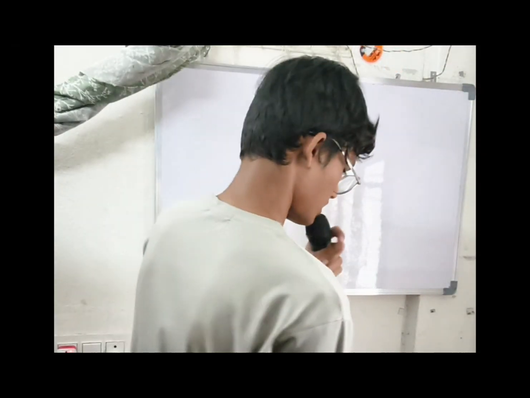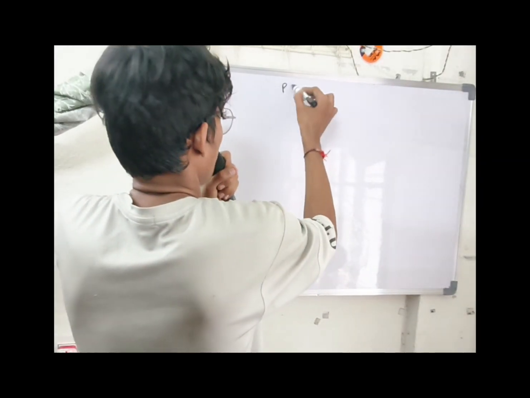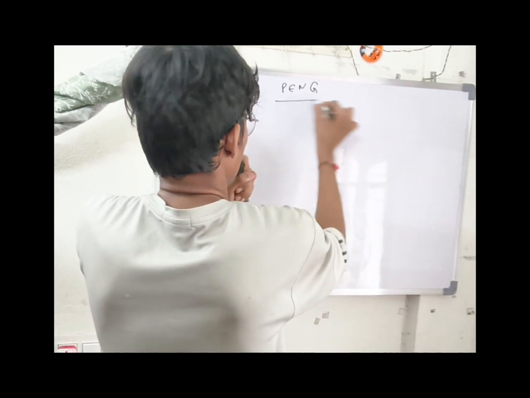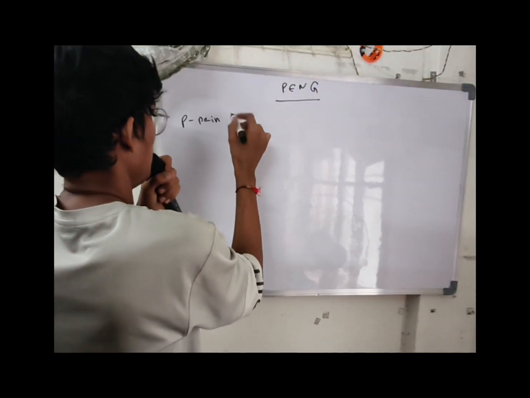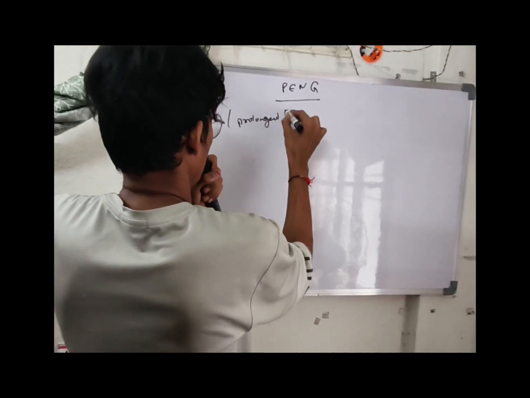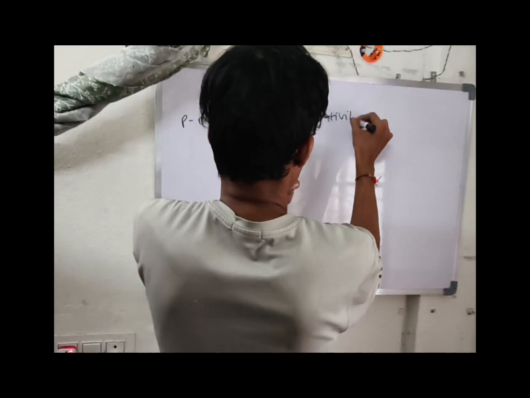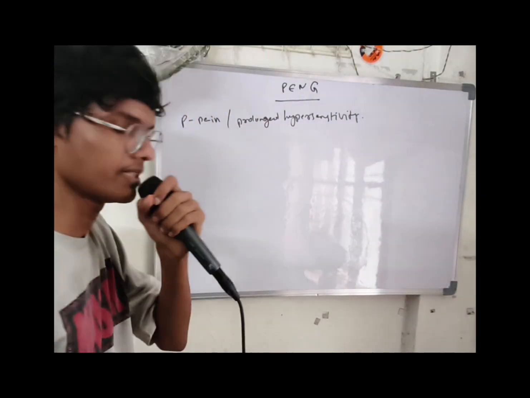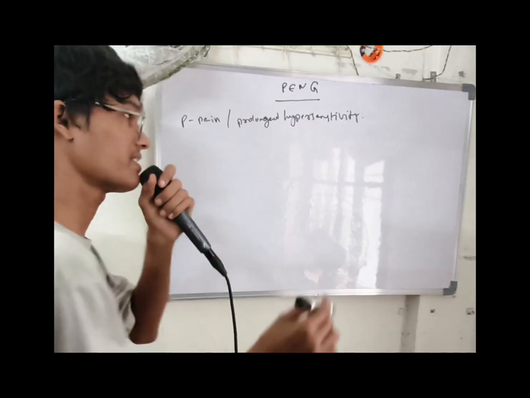Now we'll discuss the adverse drug reactions, contraindications and drug interactions. For penicillin G, write adverse drug reactions. P for pain or prolonged hypersensitivity. Hypersensitivity is the main adverse drug reaction of the penicillins.